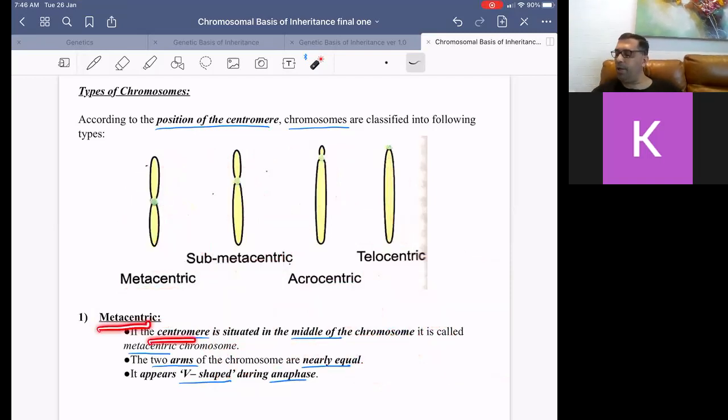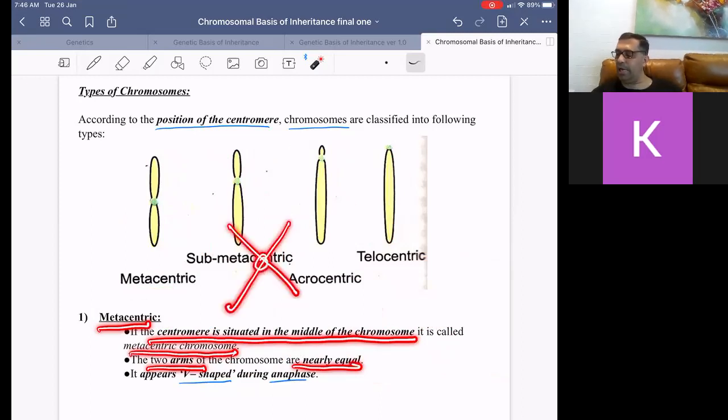Metacentric: if the centromere is situated in the middle of the chromosome, it is called metacentric. The two arms are nearly equal, the length of both arms is the same.